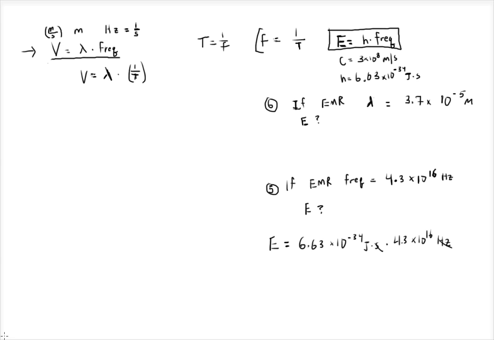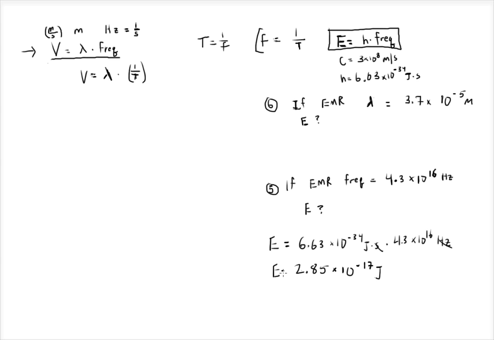Now just plug this in your calculator, and you get 2.85 times 10 to the negative 17 joules.